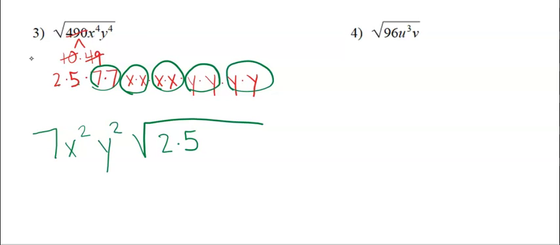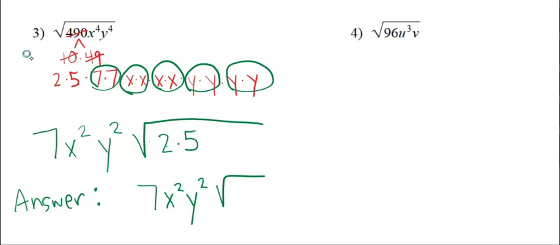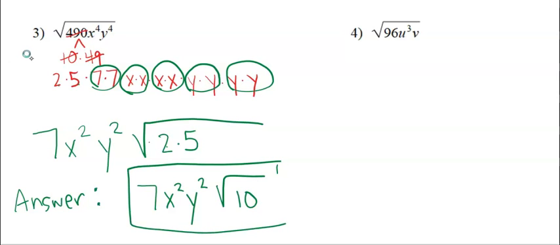So that is written as y to the 2. So there's two groups. We don't have any single variables left, so that means that there won't be a variable inside the root. All right, and our last step is to multiply any numbers together inside and out that we can. So the 7x squared y squared is going to stay, and we can combine 2 times 5 gives us 10. And so this would be our final answer.